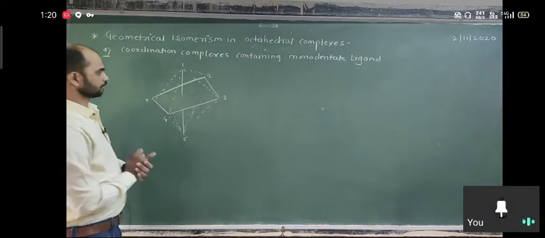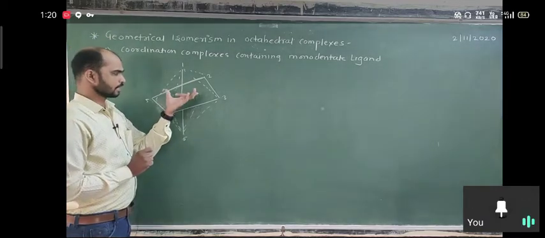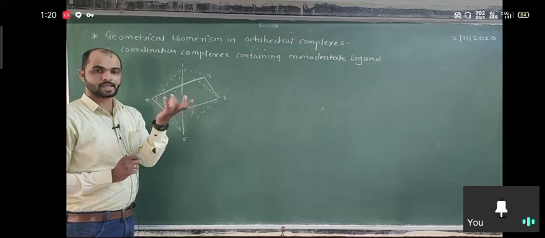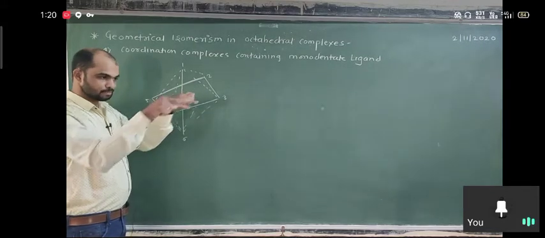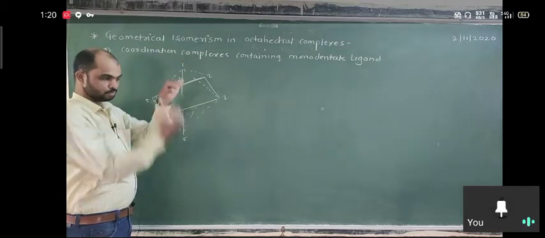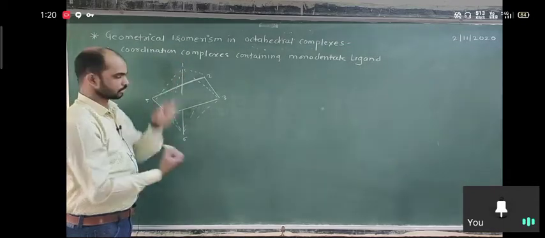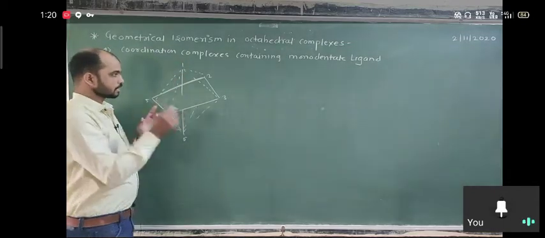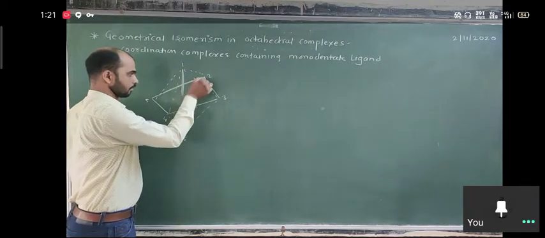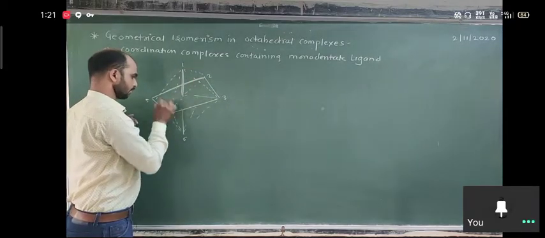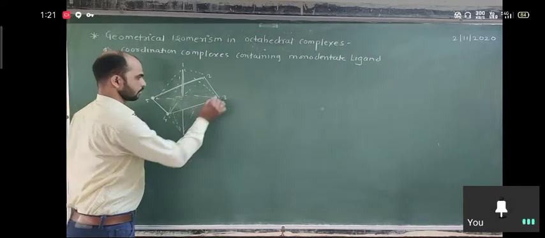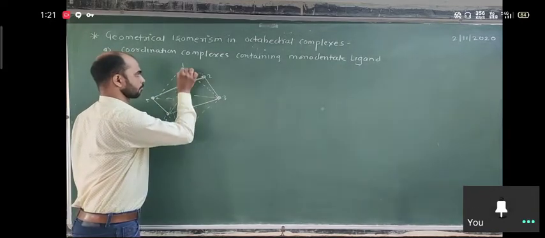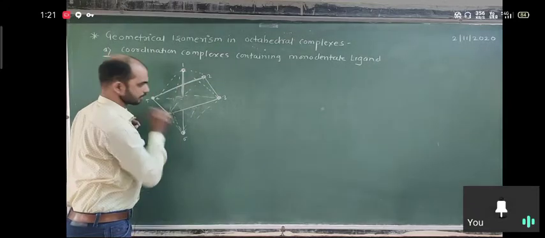If we visualize this geometry in three-dimensional rotation, there is a plane, one position above and one below. If we consider the dotted lines, they mean bonds are attached at the corners. Six ligands are attached.